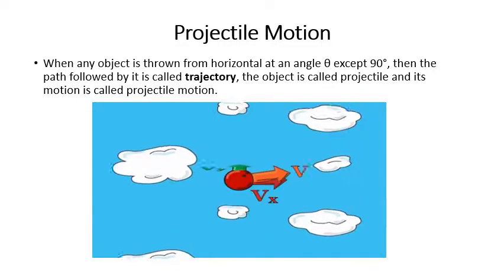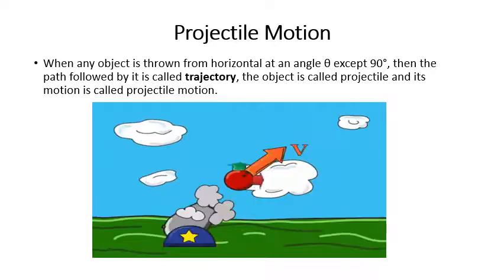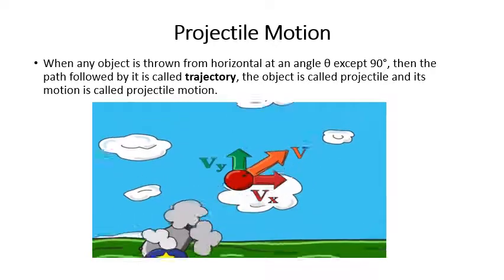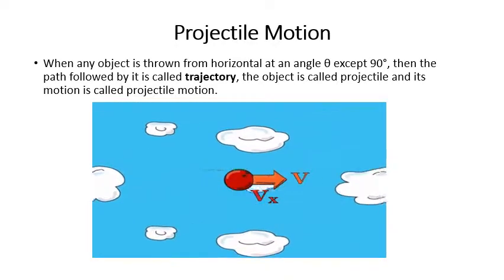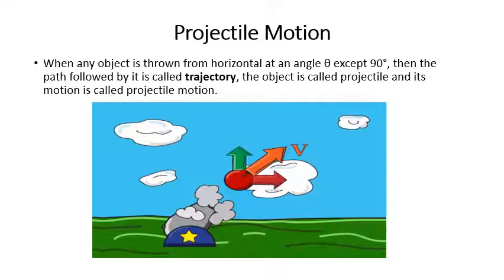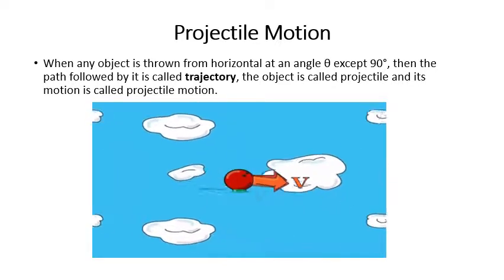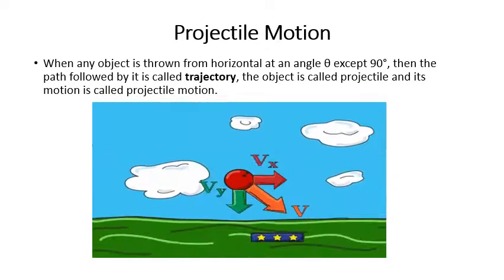So when any object is thrown from horizontal at an angle theta except 90 degrees, the object is called projectile and its motion is called projectile motion. Such a projectile might be a football, cricket ball, or a baseball, whatever it may be.